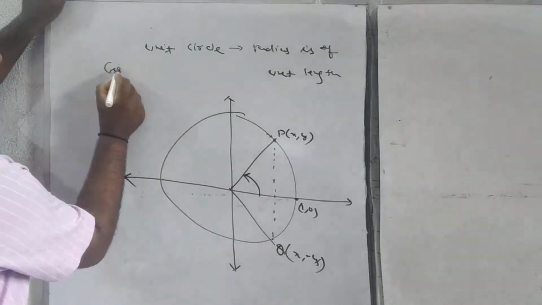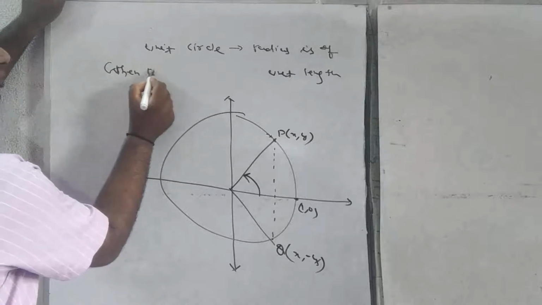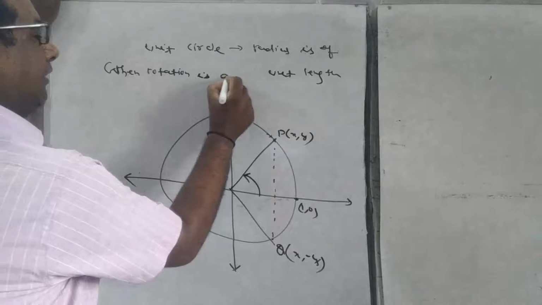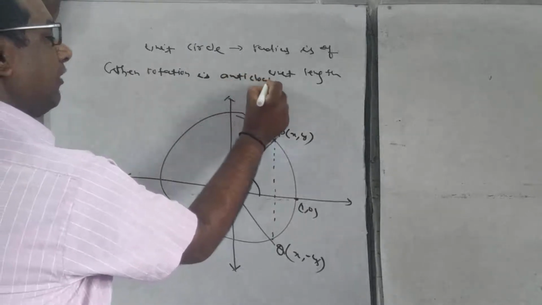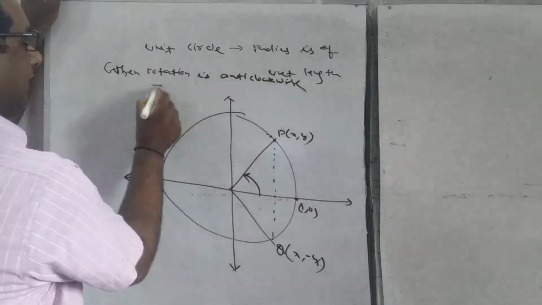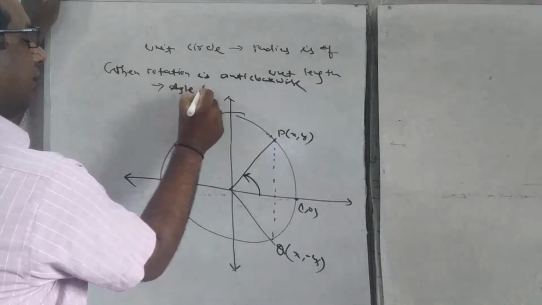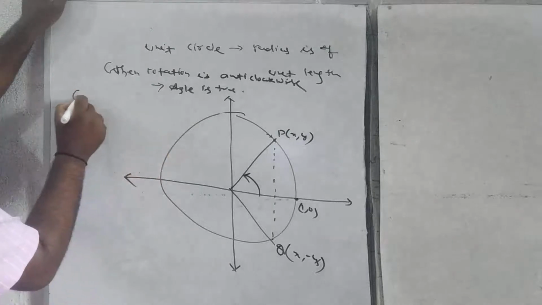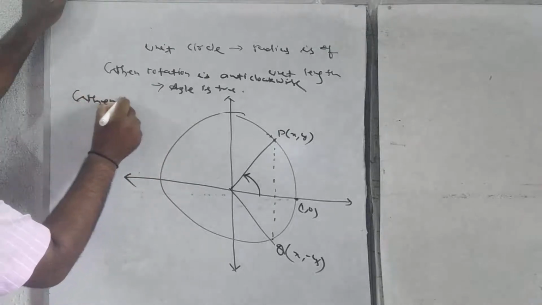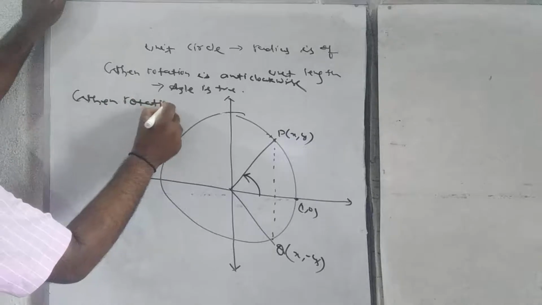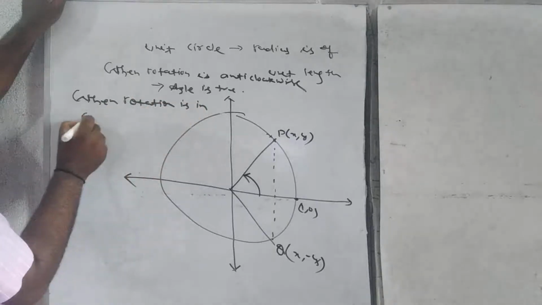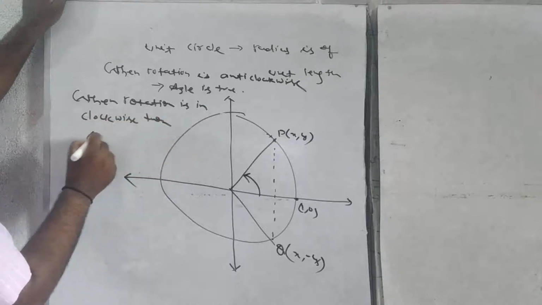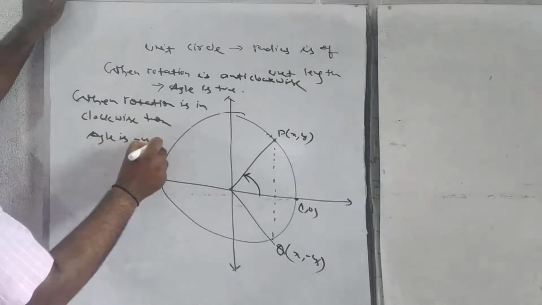When the rotation is anti-clockwise, then the angle is positive. And when the rotation is clockwise, then the angle is negative.